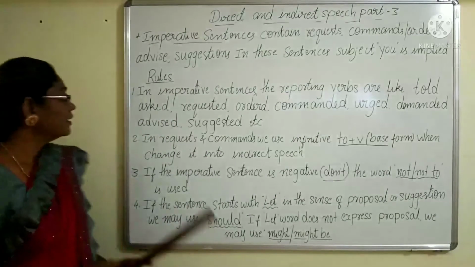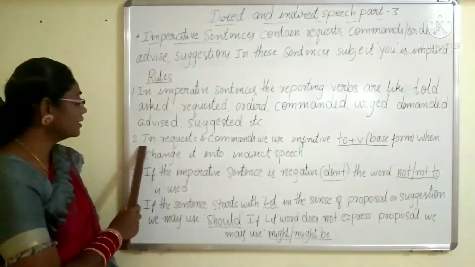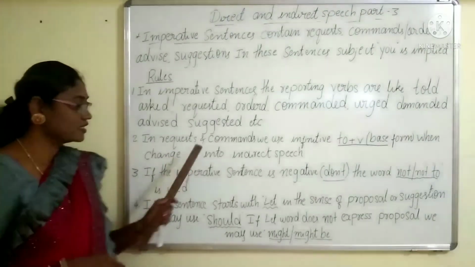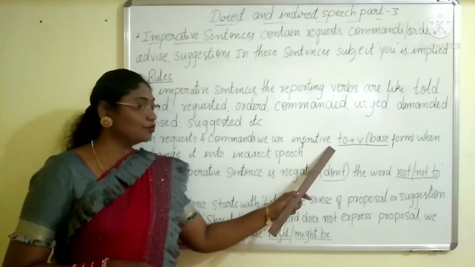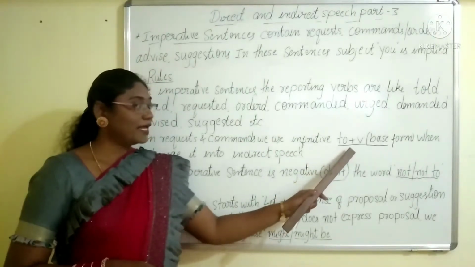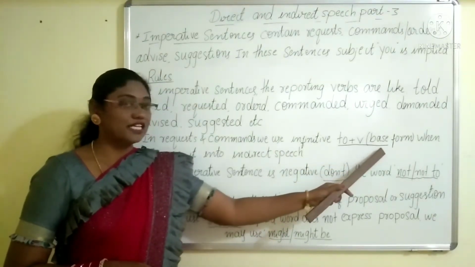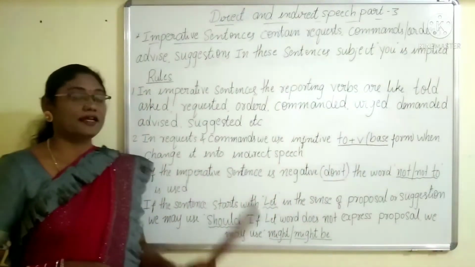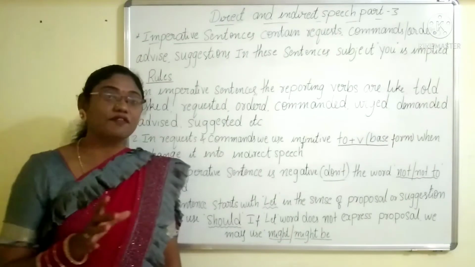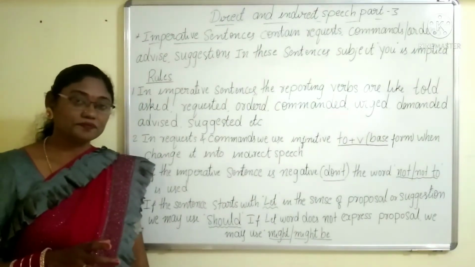Okay. The next rule is, in requests and commands we use infinitive, to plus verb. Verb means the base form of the verb, when we change it into indirect speech. This is very important.